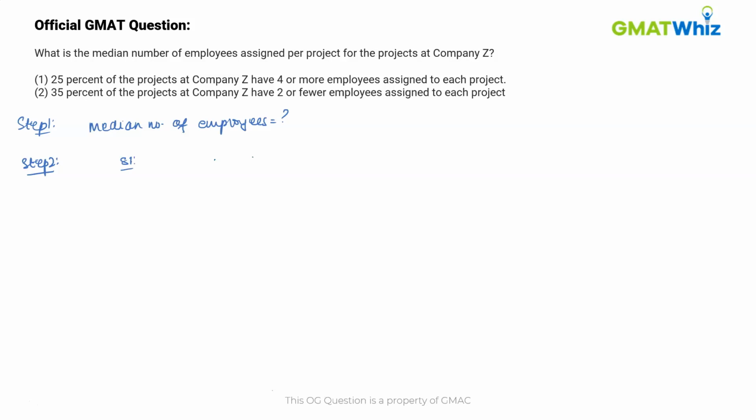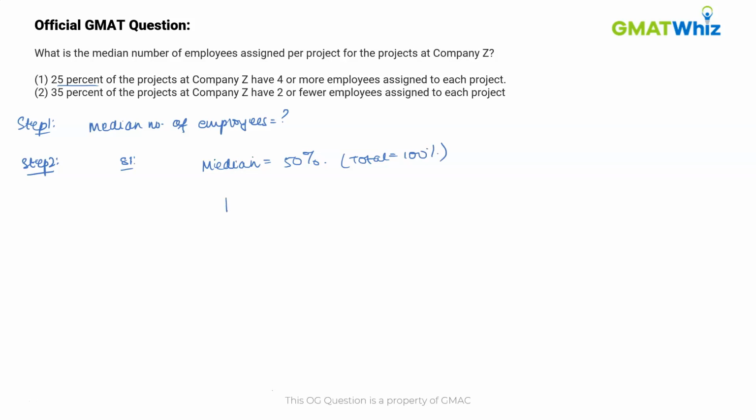Statement 1 tells us that 25% of the projects at company Z have 4 or more employees assigned to each project. So, the median would be found at 50% of the projects, since it is expressed in percentage and the total will be equal to 100%.